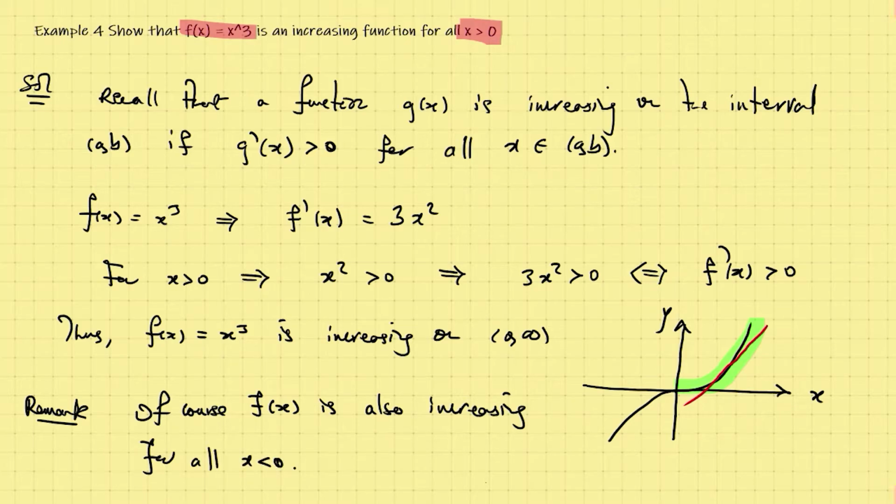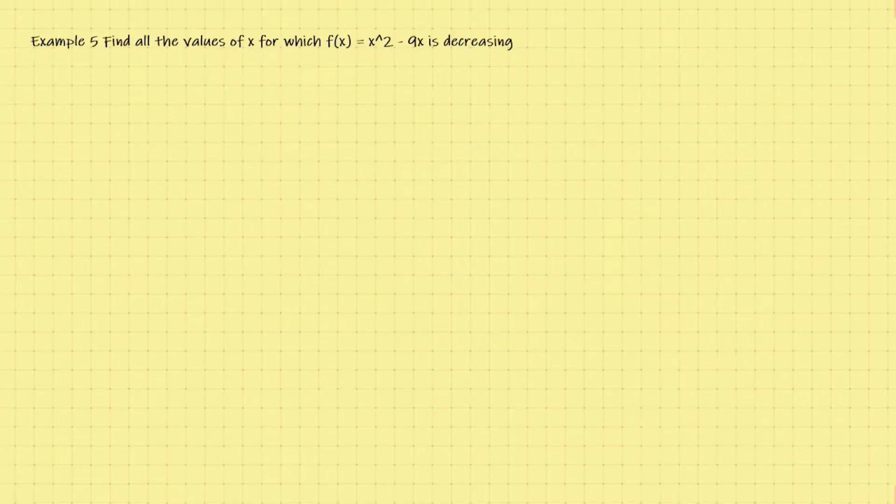That can be seen directly: if I take a tangent anywhere for x negative, the tangent is still going to be pointing upwards, which means the bottom part of the curve is also increasing and the top part of the curve is also increasing. The only part that's neither increasing nor decreasing is the center here, because the gradient is going to be 0 there.